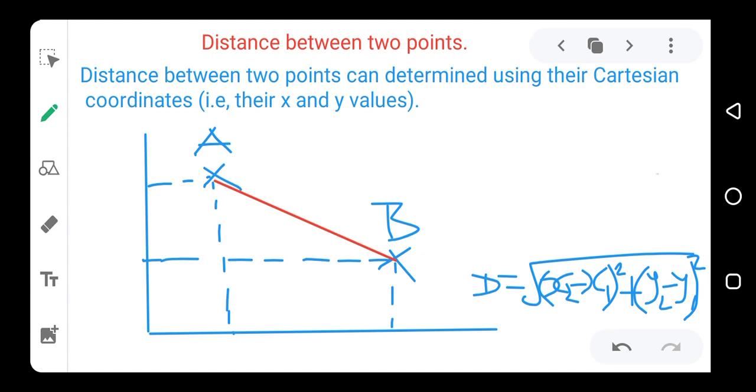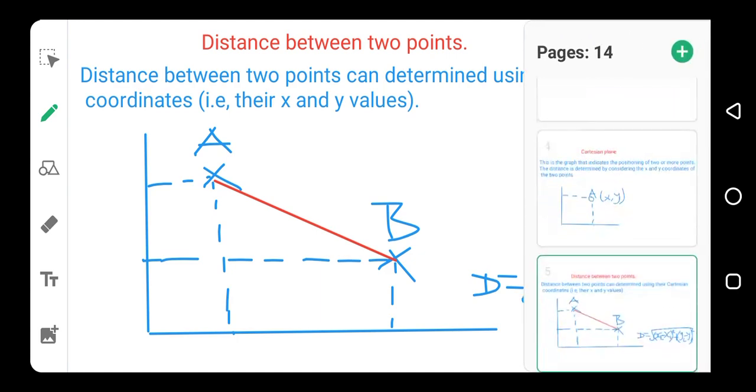The root of it will give us the distance between the two bodies, where x2 means the x coordinate of the second position and x1 means the x coordinate of the first position. Then y2 means the y coordinate of the second position and y1 means the y coordinate of the first position. So when we get the x and y coordinates, put them into this formula and find the root of it, then we get the distance between the two bodies.